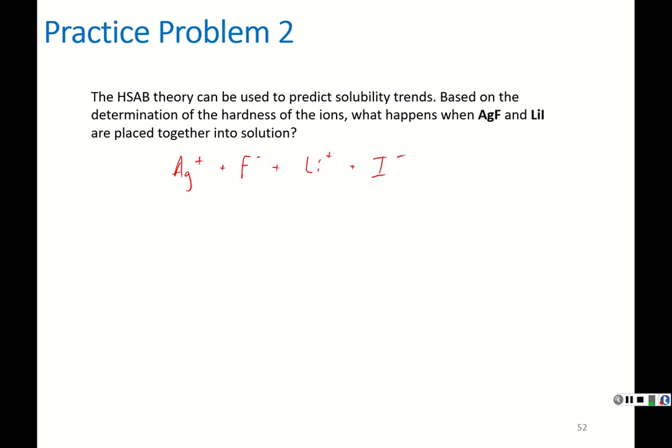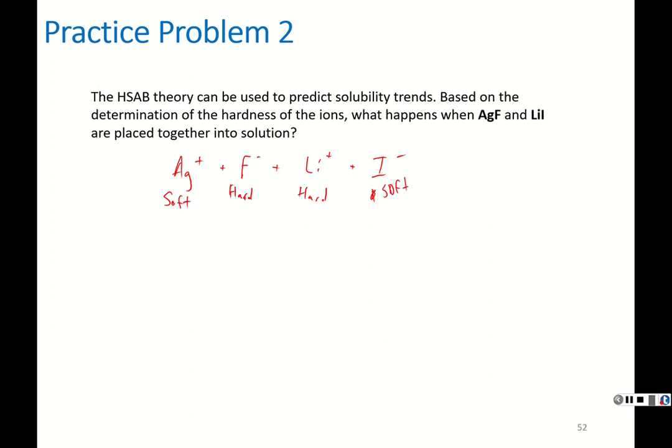It turns out that silver is softer than lithium, so silver is going to be soft and lithium is going to be hard. It's the opposite for the anions: fluorine is hard, and iodine is going to be the softer one, so let's call this soft.